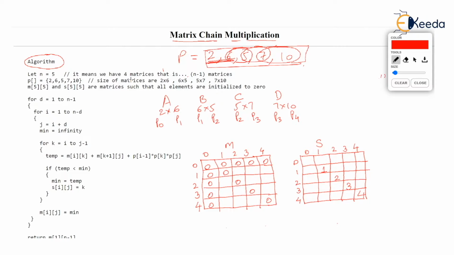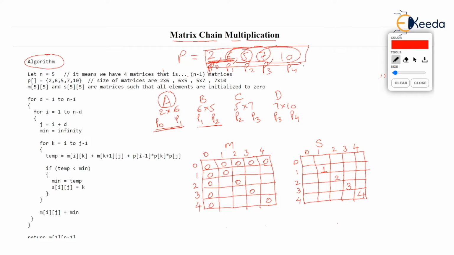That means if I call these P0, P1, P2, P3 and P4, then matrix A has dimension P0 cross P1. Check, I have written it here. Matrix A has dimension P0 cross P1, isn't it? Whereas matrix B is P1 cross P2.